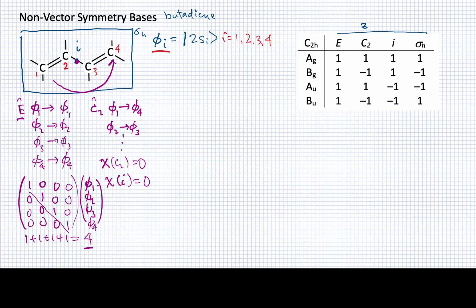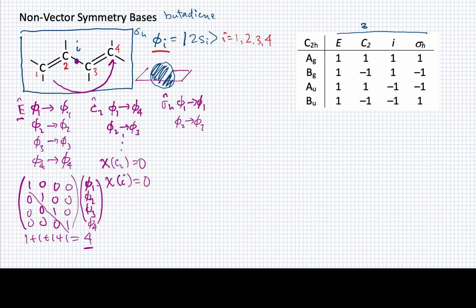What about the operation for reflection? Again, if I have an s orbital, and the plane in which I am reflecting this s orbital is a plane that lies perpendicular to the molecule, I'm basically reflecting a sphere through this plane, so I'm going to get the sphere back. In the case of the sigma h operation, I'm going to map phi1 into phi1, and I'm going to map phi2 into phi2.